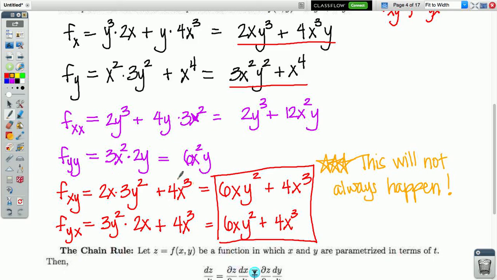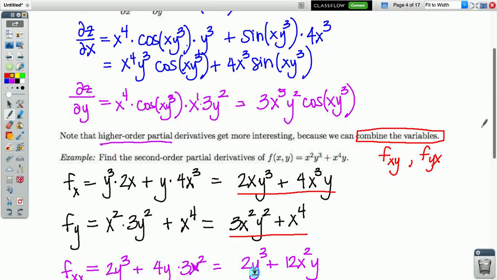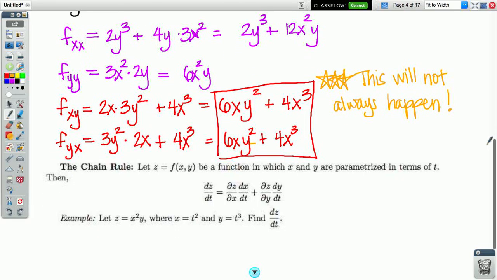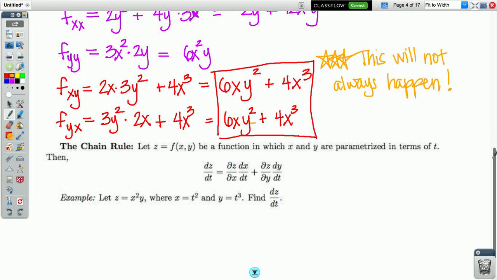It does happen when you have some nice continuity properties going on. I believe it happens when the first order partials are continuous and then also the second order partials are continuous, but it says it in your exercises, and it won't always happen, so don't just assume, you should check.